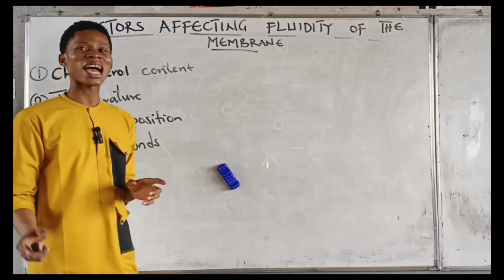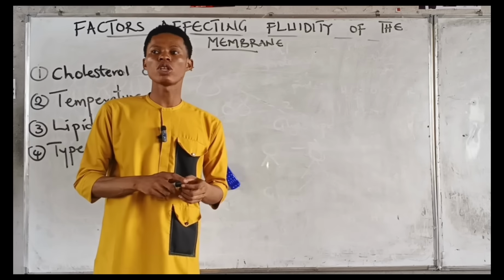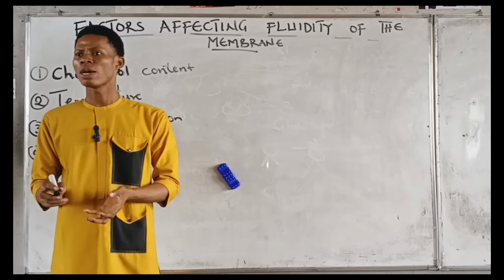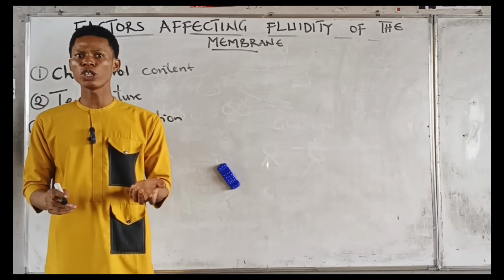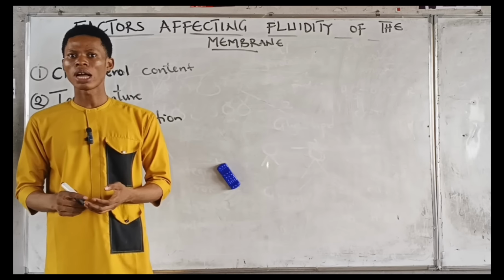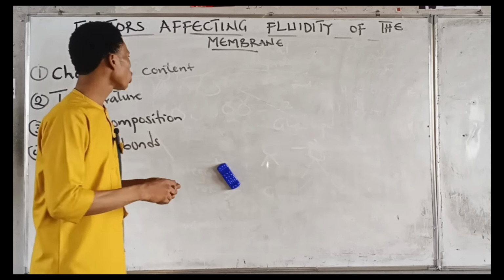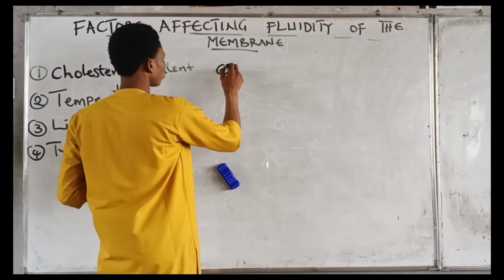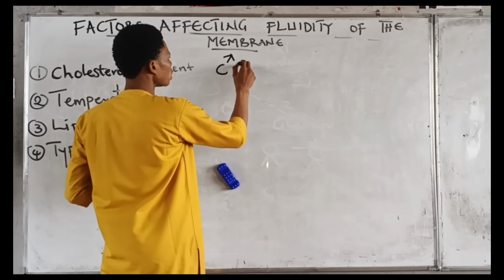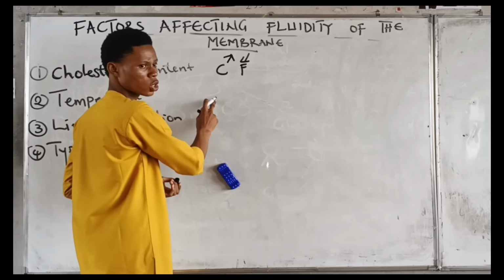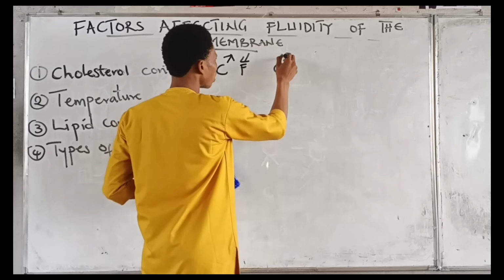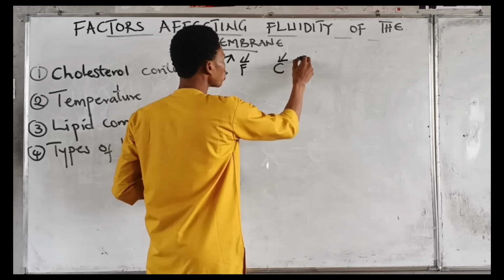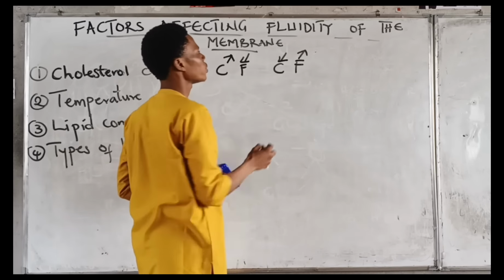If cholesterol is high, what will happen to the fluidity of the membrane? Will the fluidity be high or low? Will it be more fluid or less fluid? If the cholesterol is high, fluidity will decrease, right? If cholesterol is low, fluidity will increase.